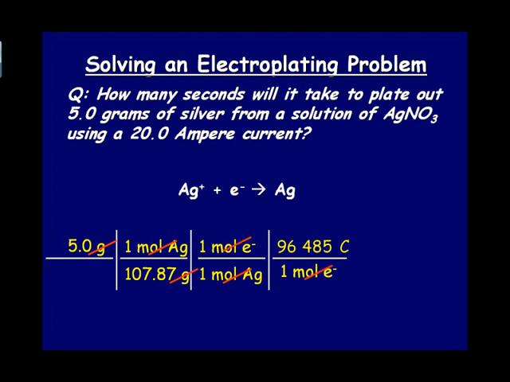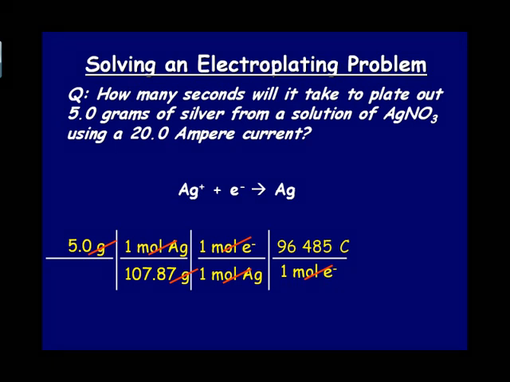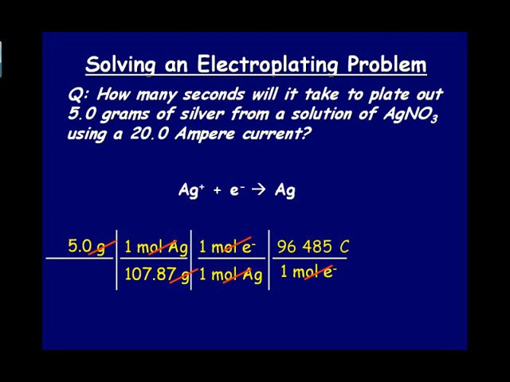And then last but not least, in the question there it says 20 amp current. An amp is actually a coulomb per second. So you can actually use that 20 amps, 20 coulombs per second, as a conversion factor. Notice the coulombs there drop out and you're left with the total number of seconds. So it would take 2.2 times 10 to the second seconds for the 5 grams of silver to be plated.